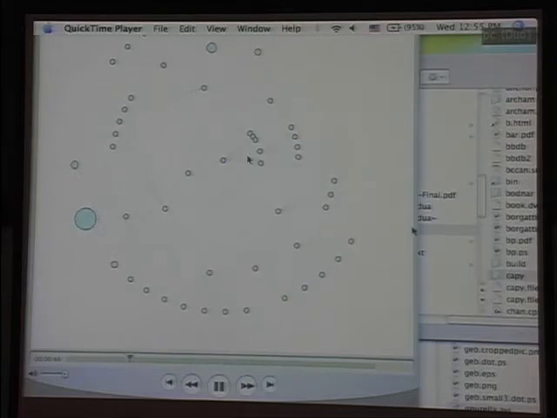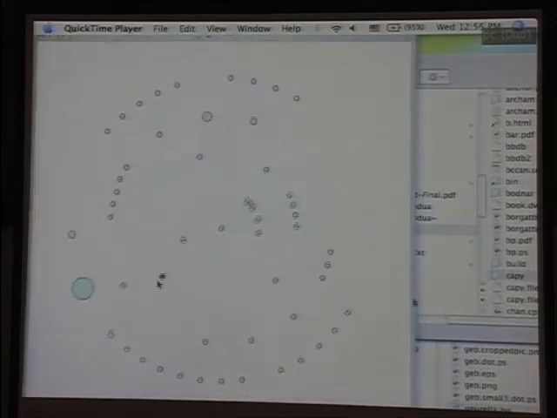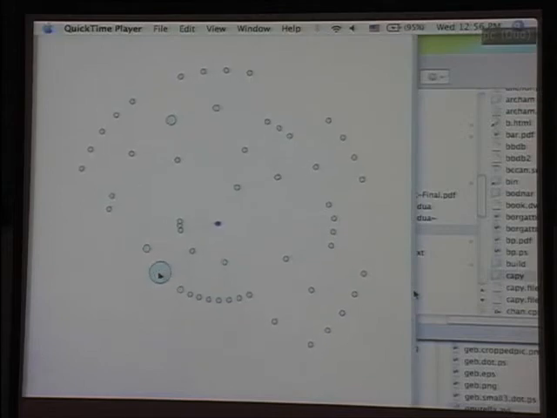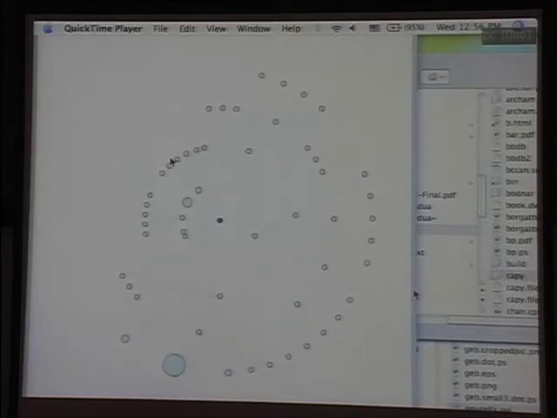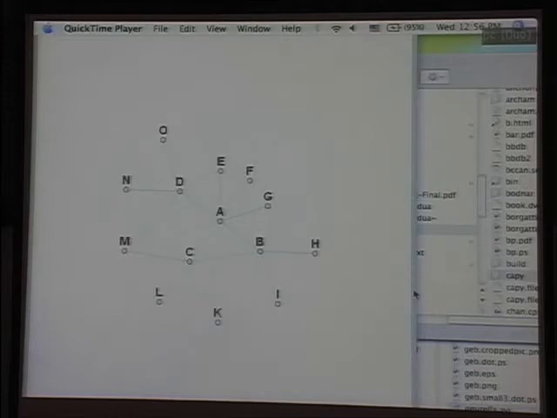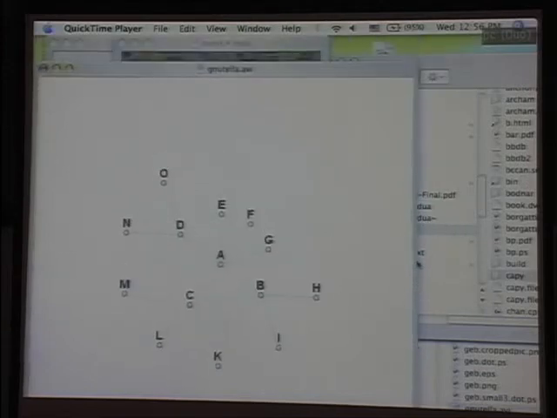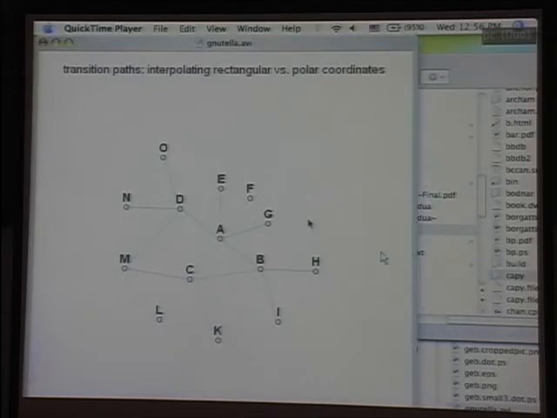I'm going to move this down a little bit so we can see the top of the screen. Now, what you're seeing here is the navigation. And now what they're going to talk about, again, I want to see the very top of the screen, is specific ways of doing that animation that's easier or harder to follow.